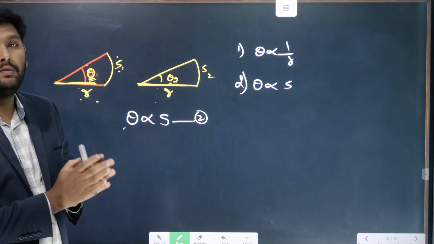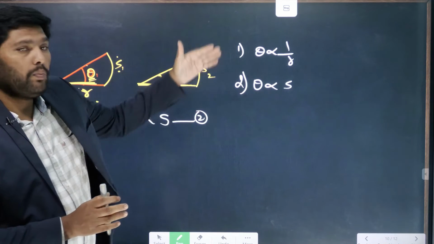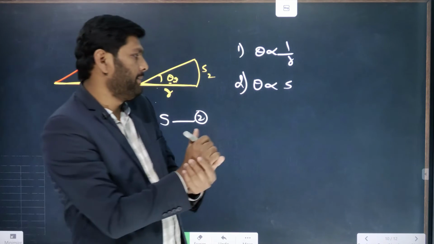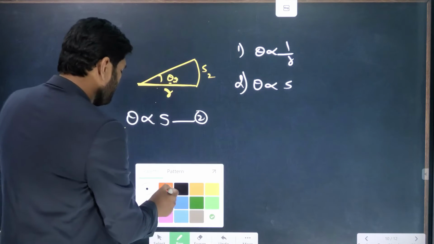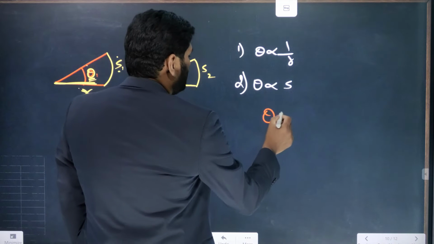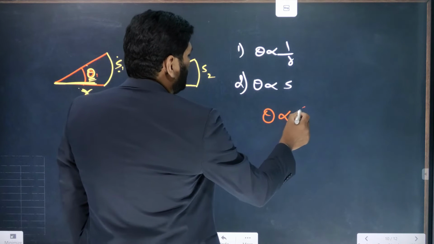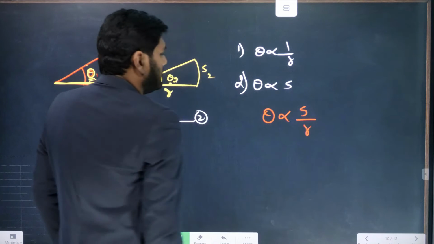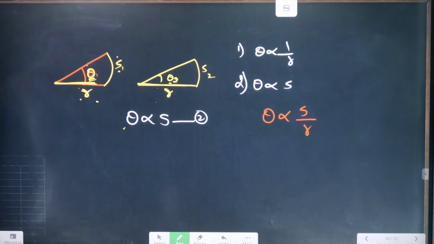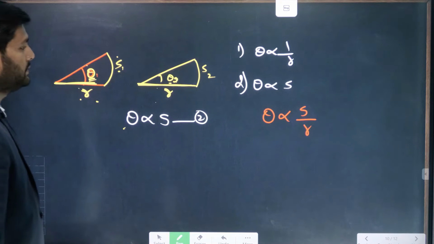Now if you join these two points combined, theta is directly proportional to S by R.